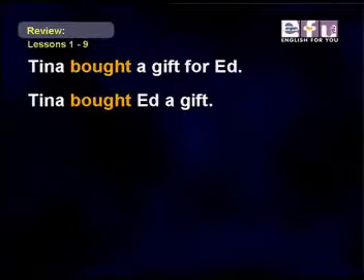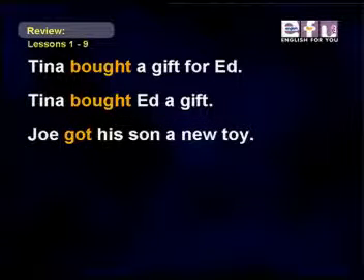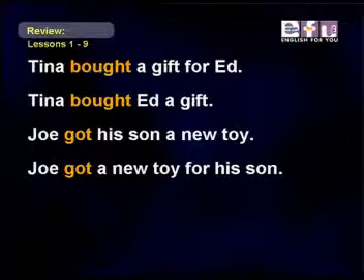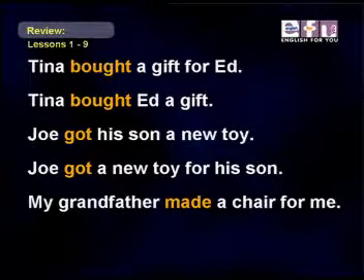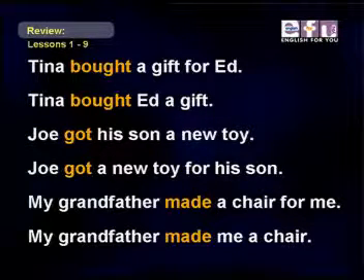Means the same. Next example. Joe got his son a new toy. Or Joe got a new toy for his son. Same meaning. Next. My grandfather made a chair for me. Or my grandfather made me a chair.